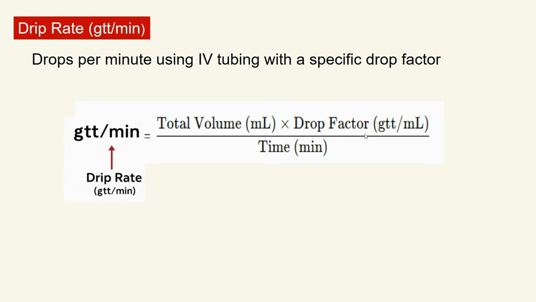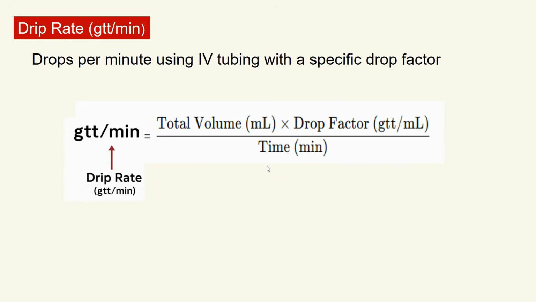However, the drip rate formula, which is measured in GTT per minute, that means drops per minute, is total volume in milliliters multiplied by the drop factor, which will be given to you for the calculation, divided by time. Time has to be in minutes because the drip rate is measured in drops per minute.